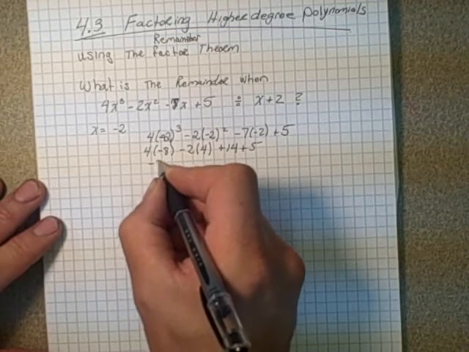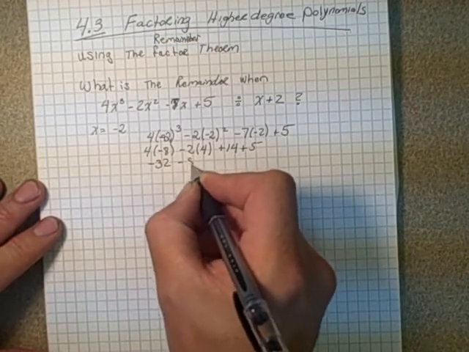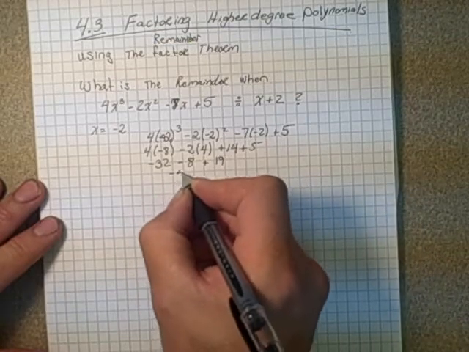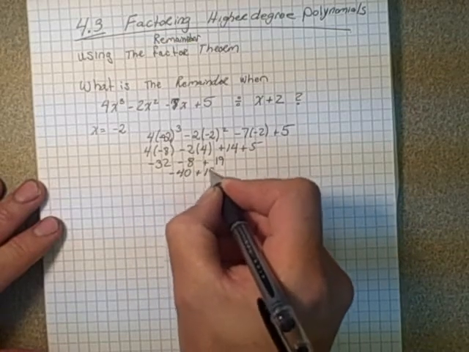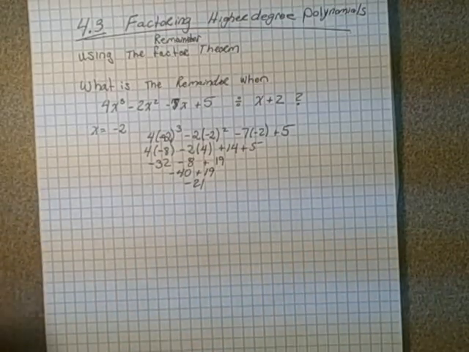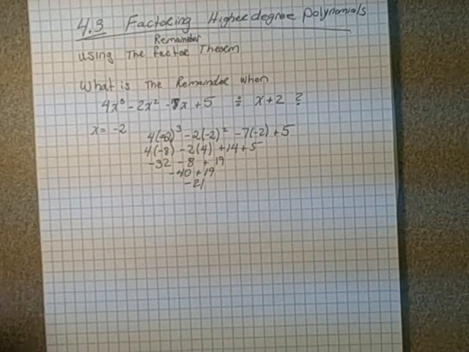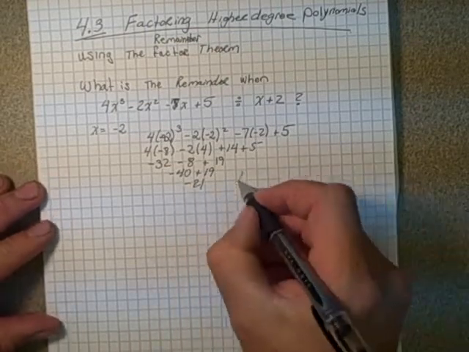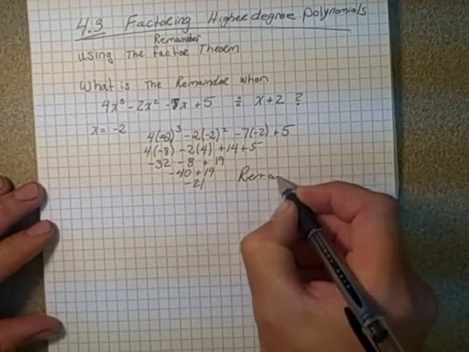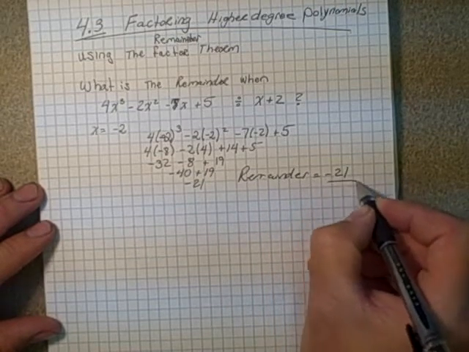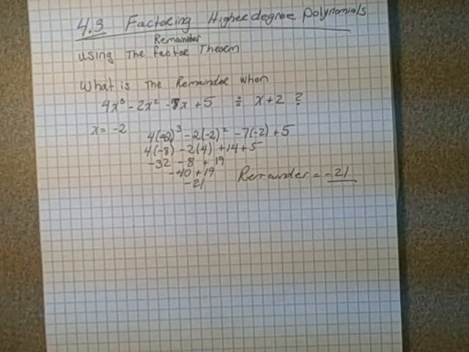So we have -32 minus 8 plus 19. So -21 is our remainder. Therefore, our remainder would be -21.